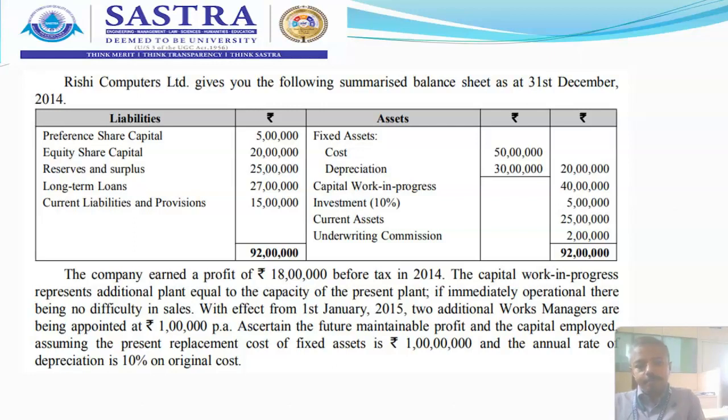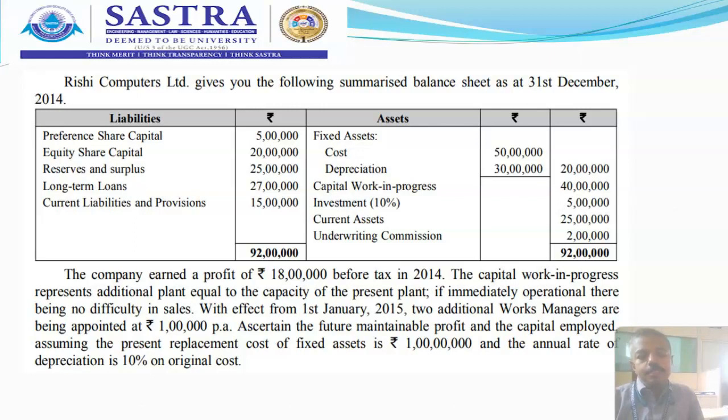With effect from 1st January, the upcoming year, 2 additional works managers are assumed, the present replacement cost of fixed assets is rupees 1 crore, and the annual rate of depreciation is expected to be 10% on original cost.